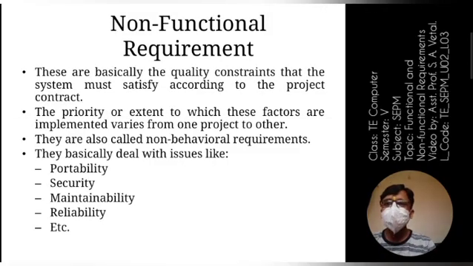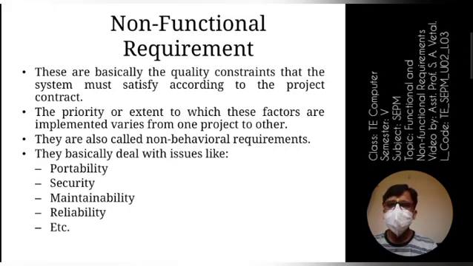Then next is non-functional requirement. What are those non-functional requirements? These are basically the quality constraints that the system must satisfy according to the project's contract. Non-functional requirements are nothing but different quality constraints that should be achieved by that software according to their contract, right?